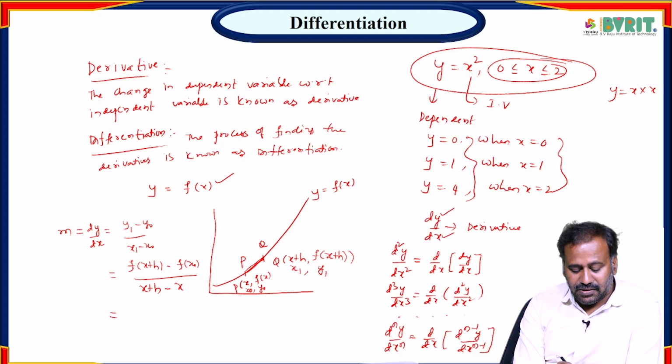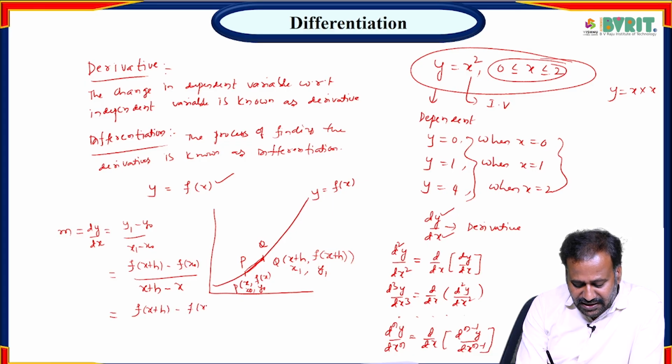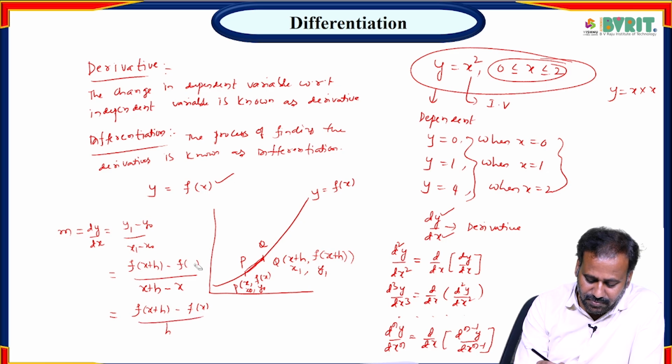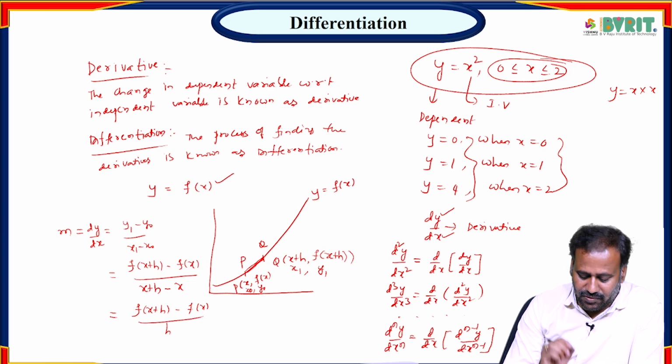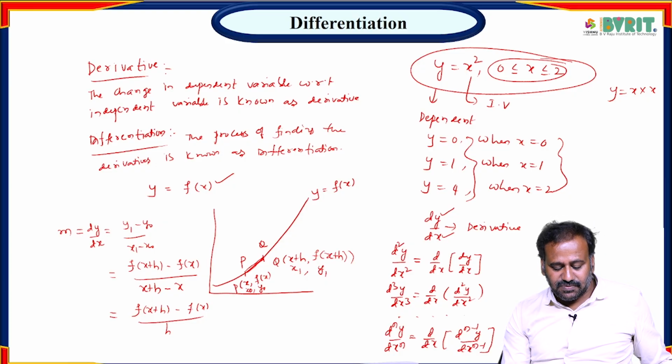This plus x minus x will become 0. Finally, I'll have f of x plus h minus f of x divided by h.